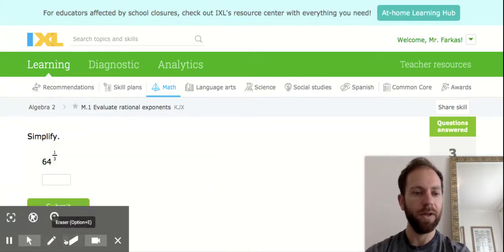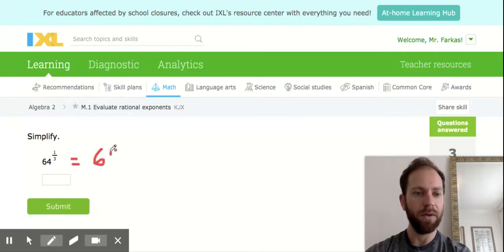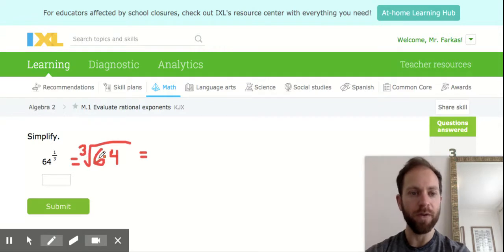All right, now we have to the 3rd power. So let's see what this would be. 64 to the 1/3 power, remember the denominator becomes our index, or what is the root that we're taking? We're taking the cube roots. All right, so the cube root of 64, what times itself 3 times makes 64?